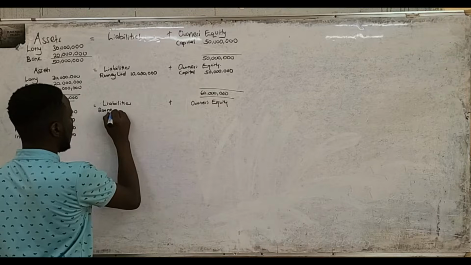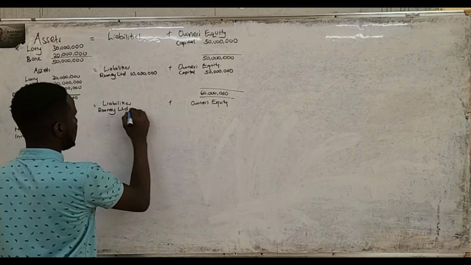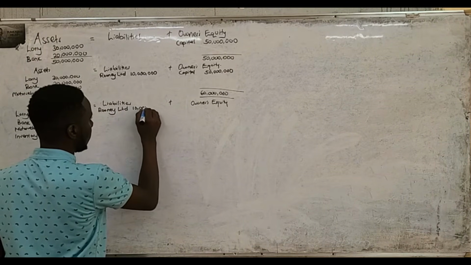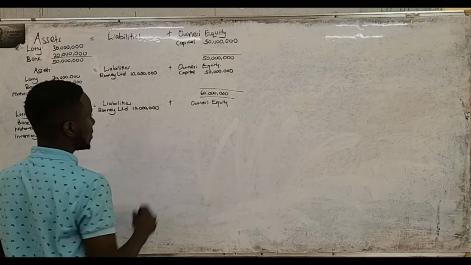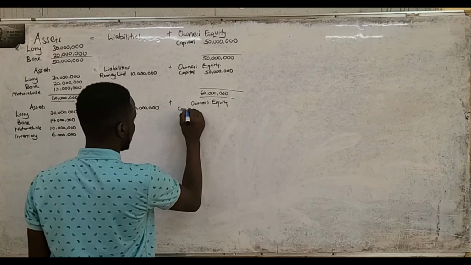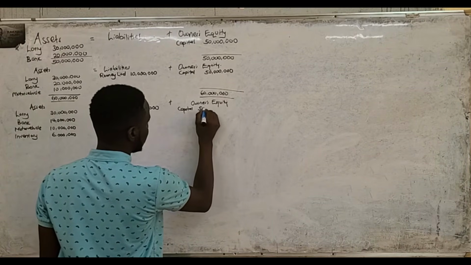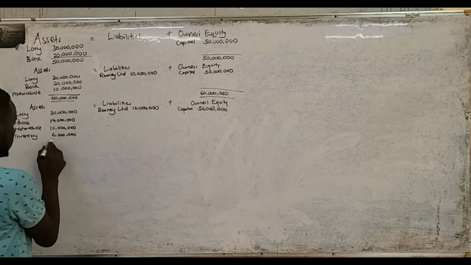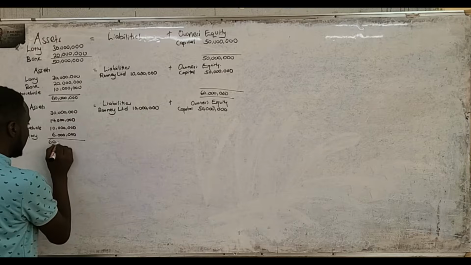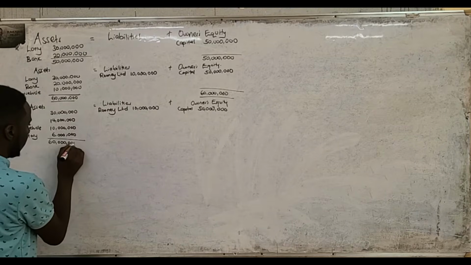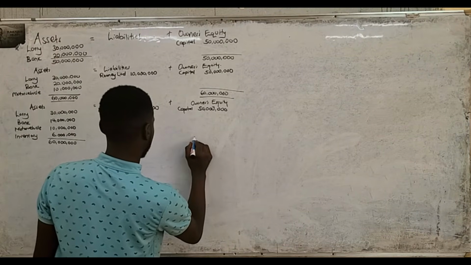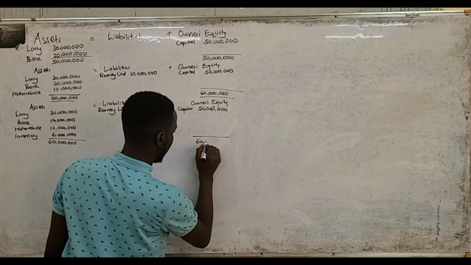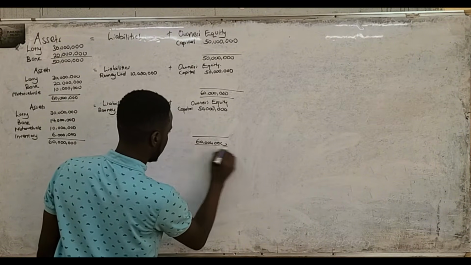So we shall maintain our Roni Limited as 10 millions, and then we shall have our capital as 50 millions. So when we balance off here, we shall still have our 60 millions, and this side we shall have our 60 millions.